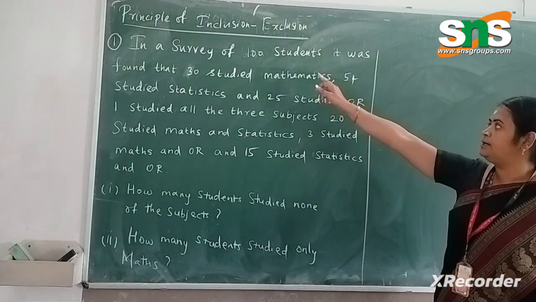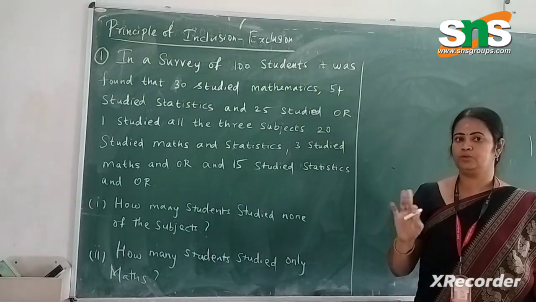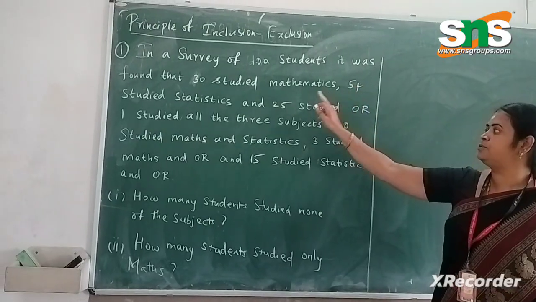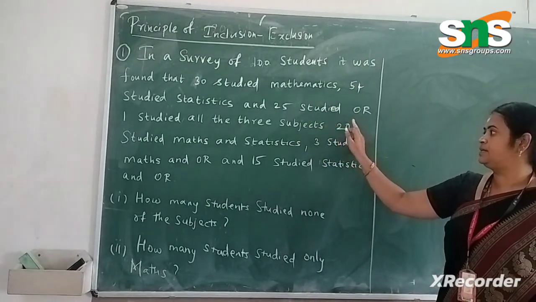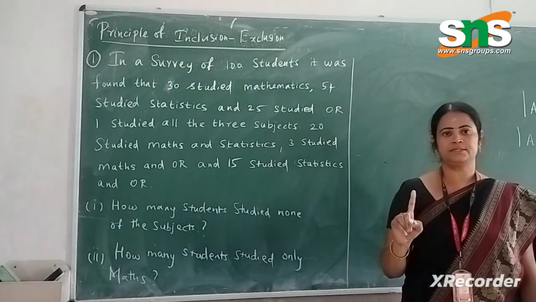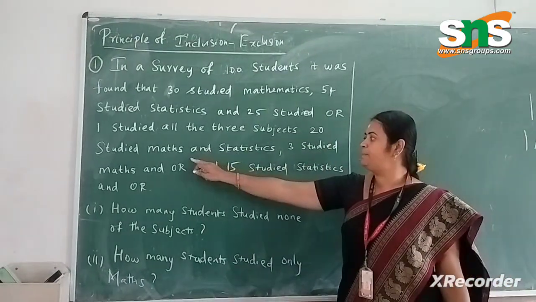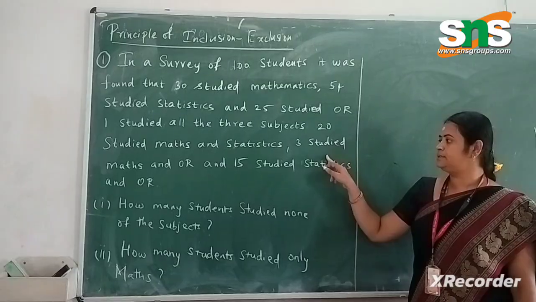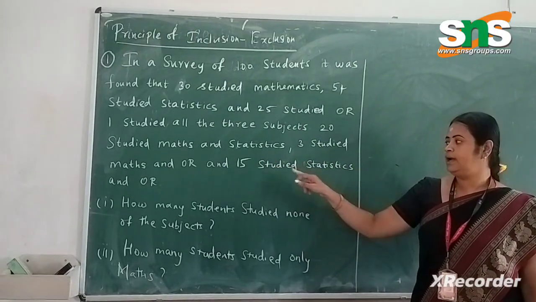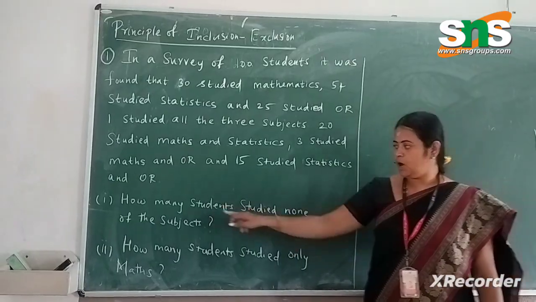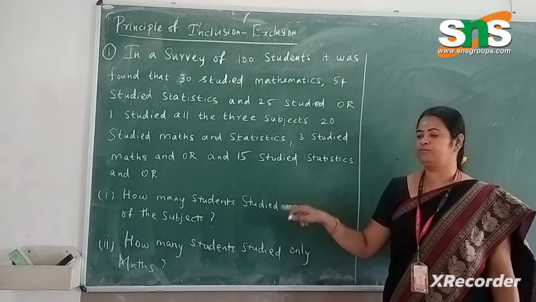Here 100 students are studying those 3 subjects, and 30 students studied mathematics, 54 studied statistics and 25 studied OR. Only 1 student studied all the 3 subjects, and 20 students studied mathematics and statistics, 3 studied mathematics and OR, and 15 studied statistics and OR. Here our question is, how many students studied none of the subjects?